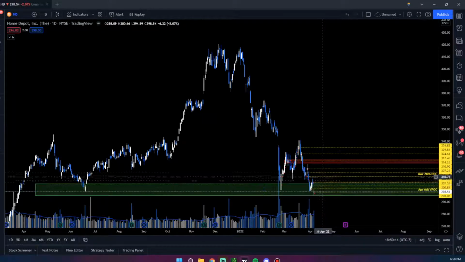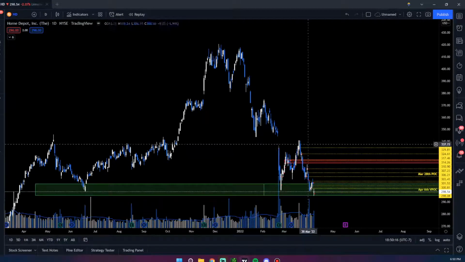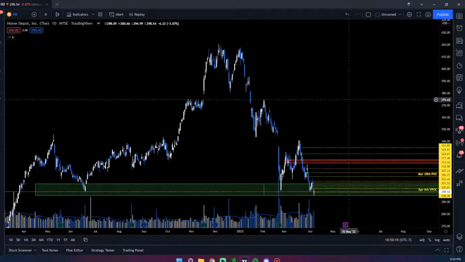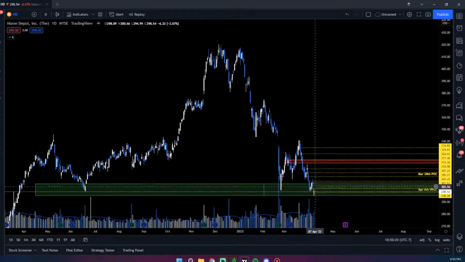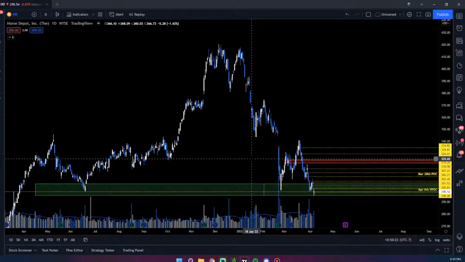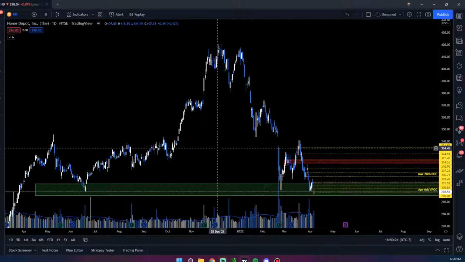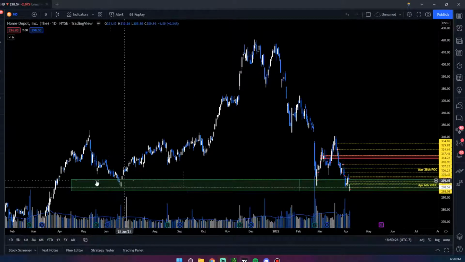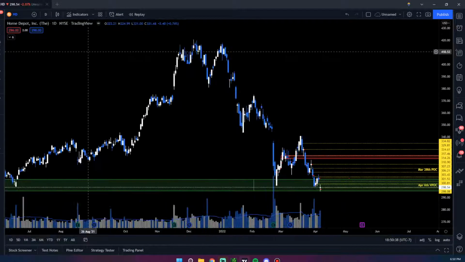If we break over 305, we should see 340, possibly more. But we'll have to see how it plays out. I'm optimistic. But so this is the buyer you want to be. You want to be the responsive buyer that's waiting for the price to come down to a good demand zone to take your calls or buy your stocks.